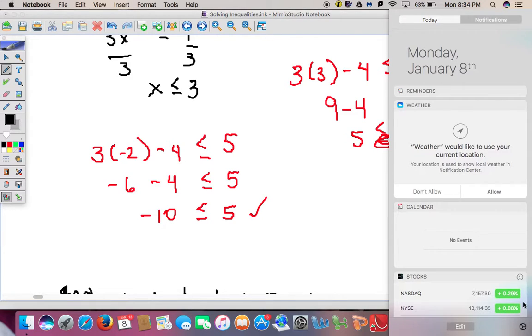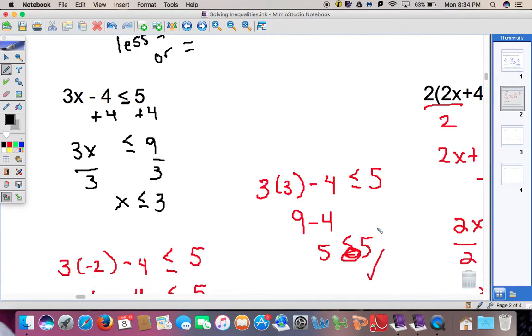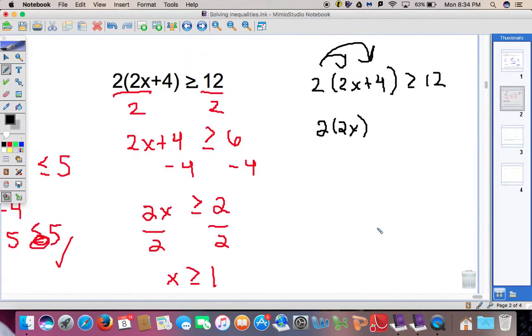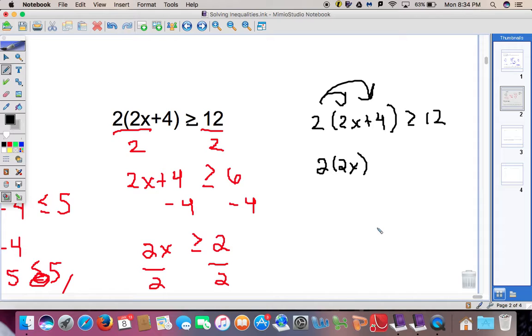Sorry about that, guys. Okay, so my handwriting will be better now that I've zoomed in a little bit. So I have 2 times 2x plus 2 times 4, and that's greater than or equal to 12. So 2 times 2x is 4x plus 2 times 4, which is 8, and that's greater than or equal to 12.